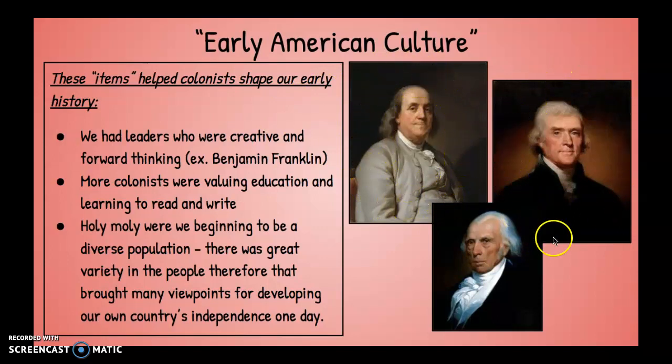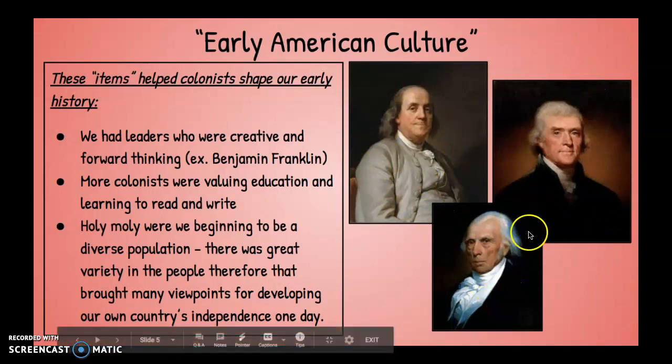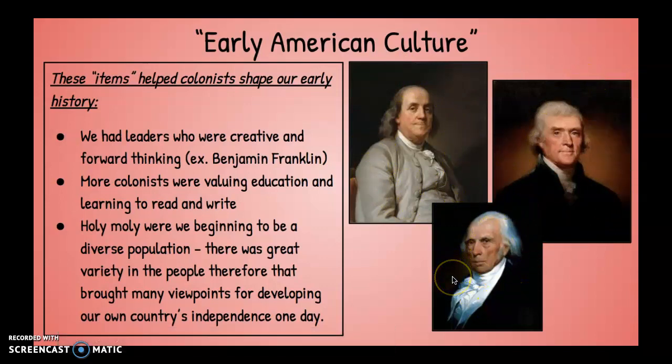This is Thomas Jefferson, and this is James Madison. Now, I know that sometimes we look at these pictures and we're like, oh my gosh, these are old dudes. But honestly, those men, along with many other Americans, have really shaped our country.